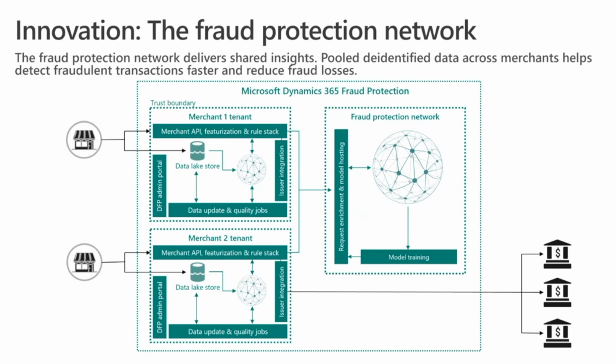The only time data ever crosses the trust boundary to leave your environment is when we pull it into the fraud protection network. And we don't do so until it has been de-identified, hashed, and salted in a way that makes it unreasonable to reverse engineer.